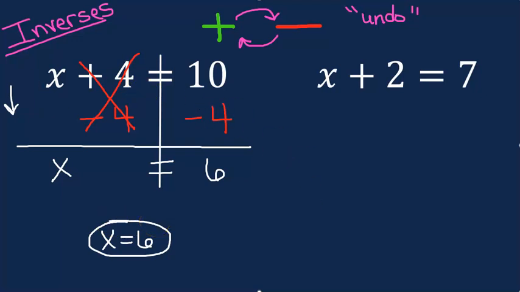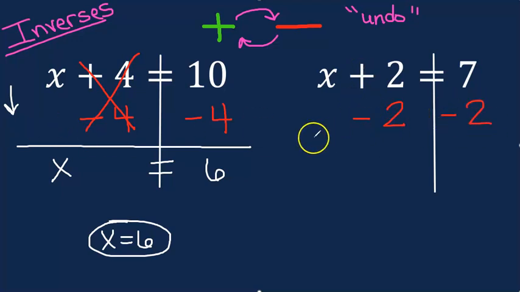So without any of the extra fluff of explaining, let's go through those steps again. First, we anchor our equal sign. Then we identify what we are undoing. A positive 2 has been added to the x, so we have to undo it by doing the inverse on both sides.